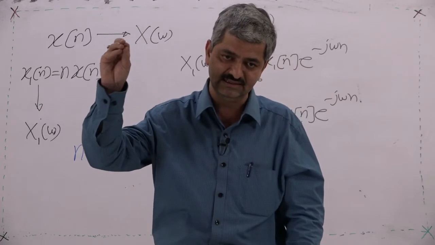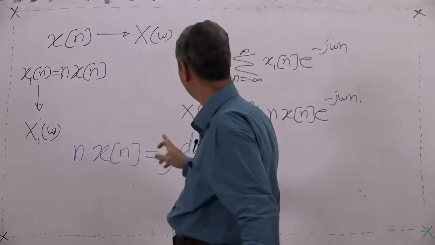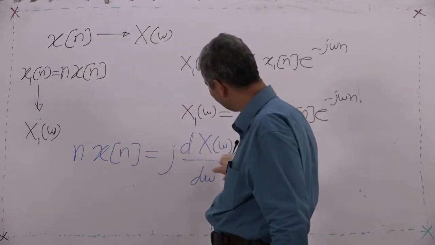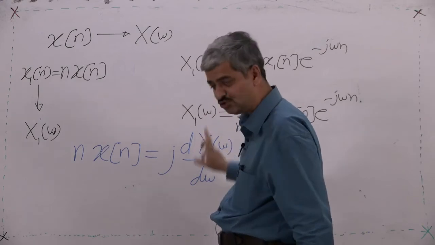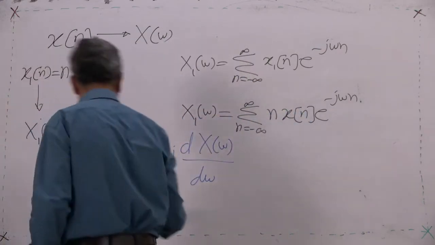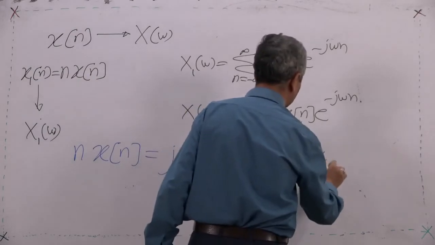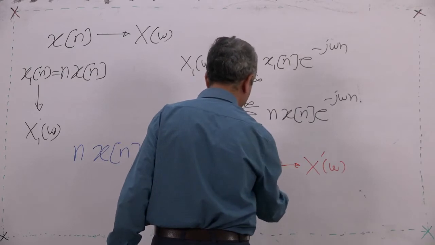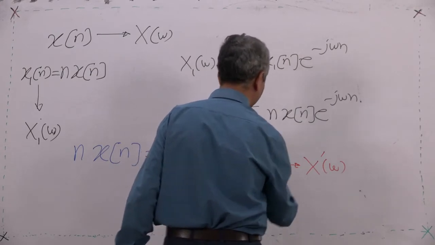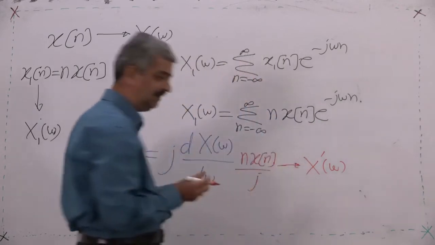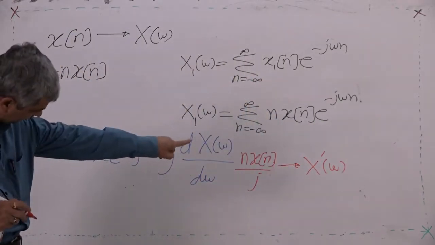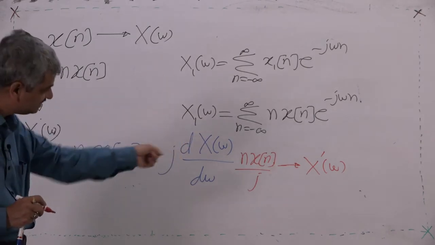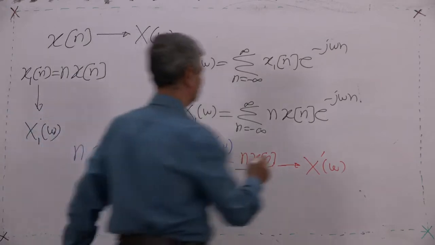If x[n] is transformed to X(omega), if X(omega) is the DTFT of x[n], then the derivative of X(omega), or X'(omega), is the DTFT of n x[n] upon j.